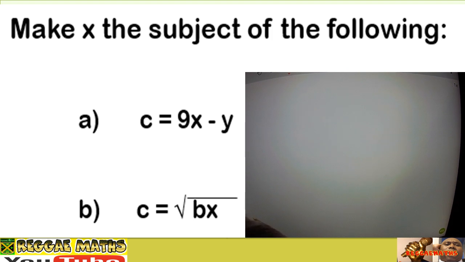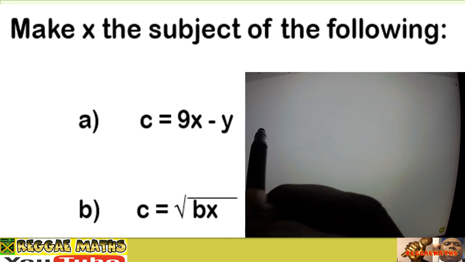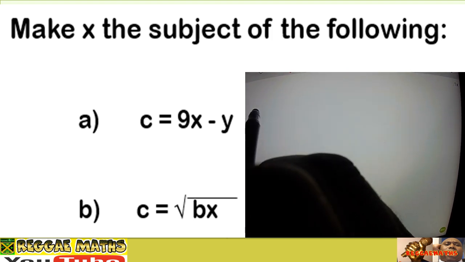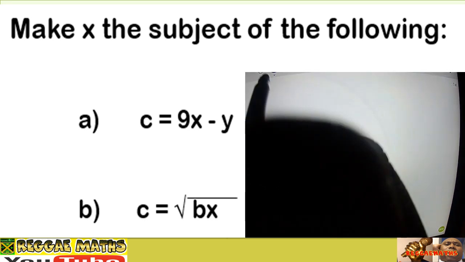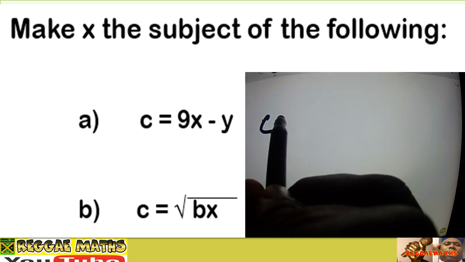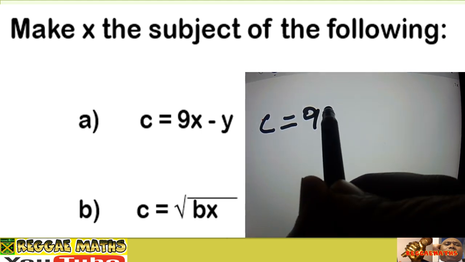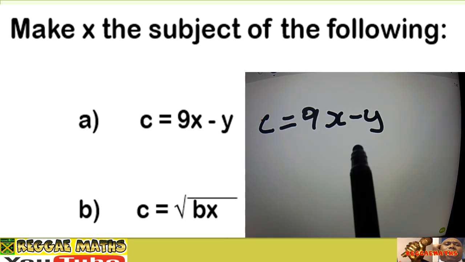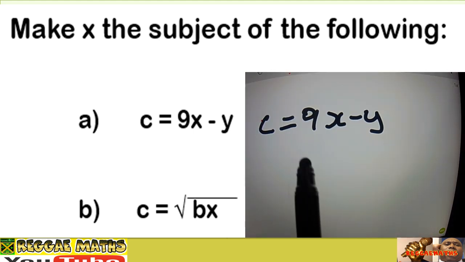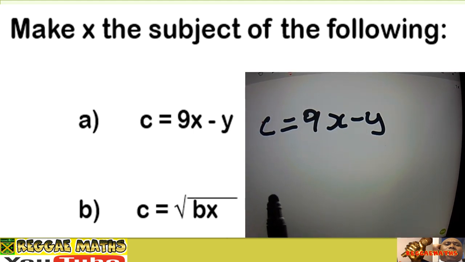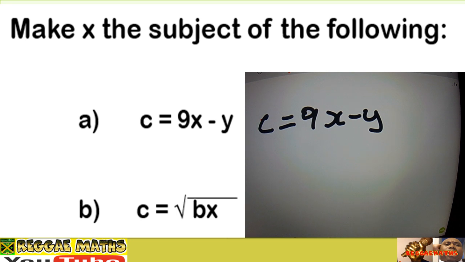you can see basically we got c equals 9x minus y. So what we need is x equals, so we need everything to be on one side and it's x equals.